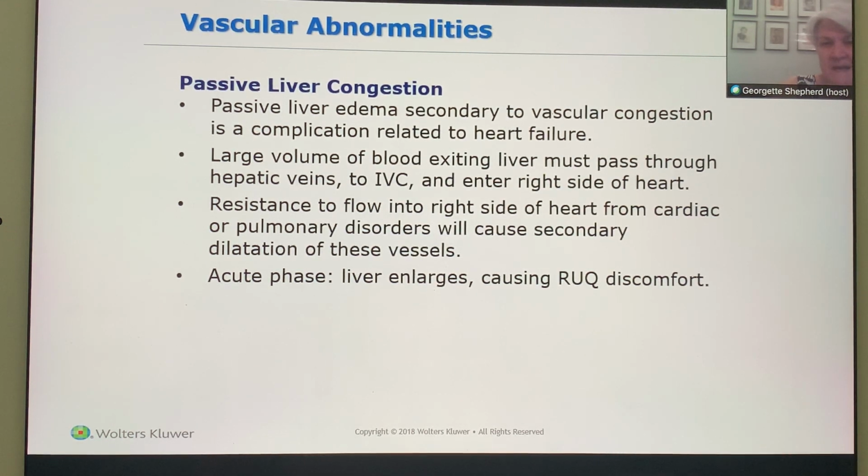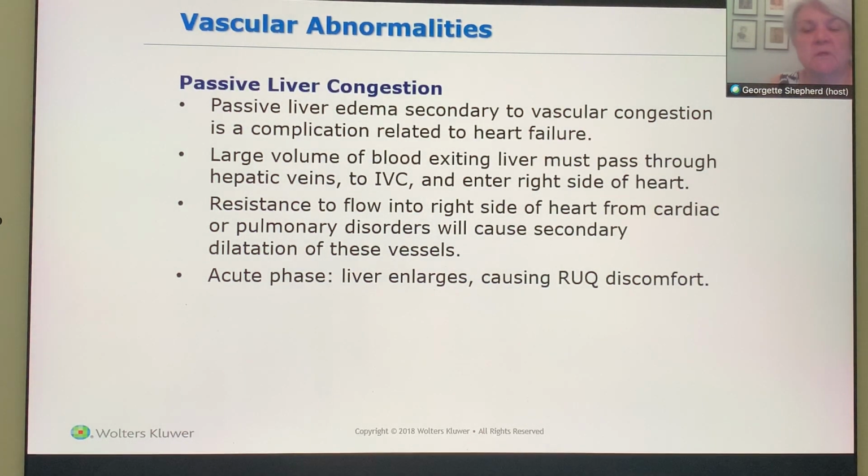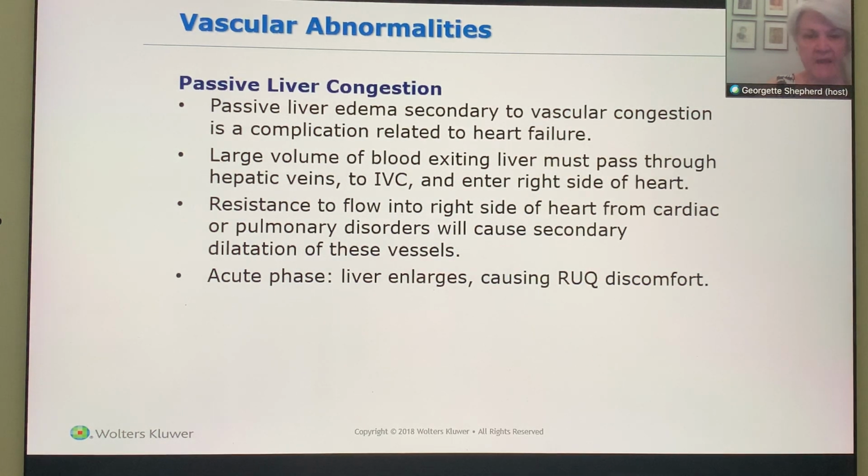From the right atrium, it goes to the right ventricle, and from the right ventricle, it goes into the lungs. So if I have COPD, I'll also have problems.